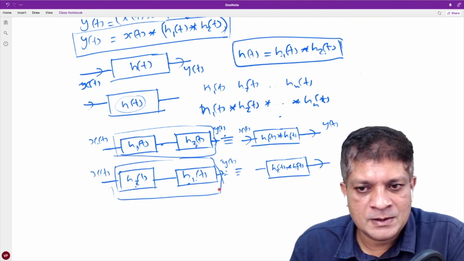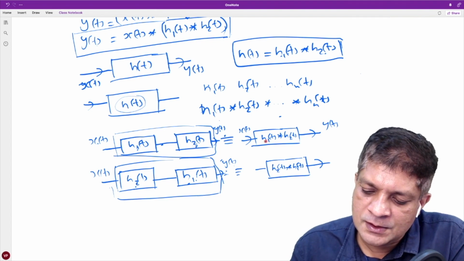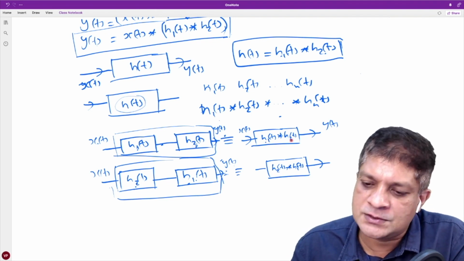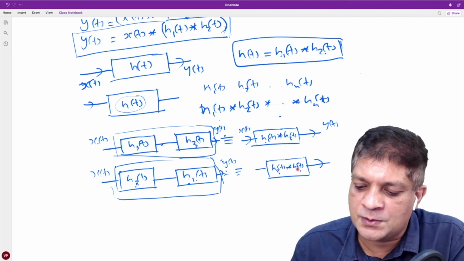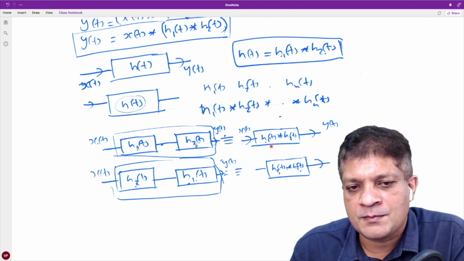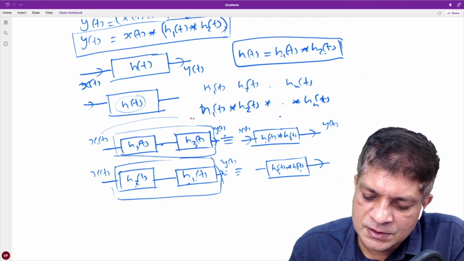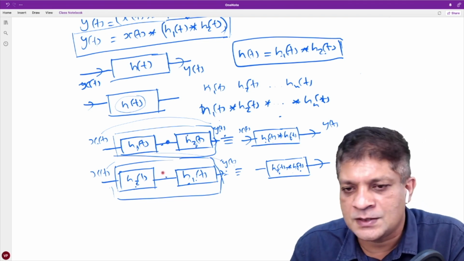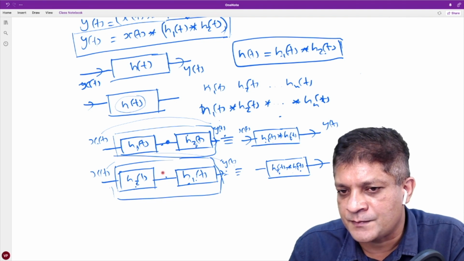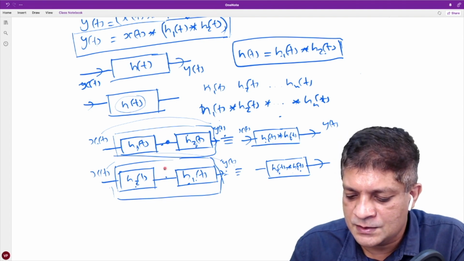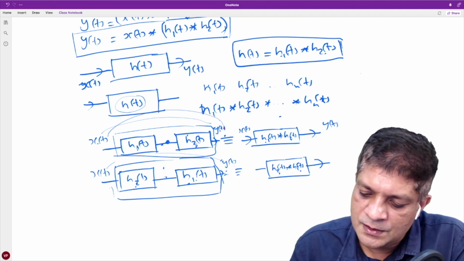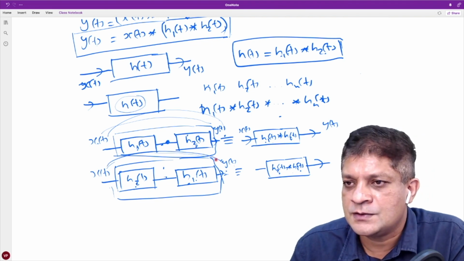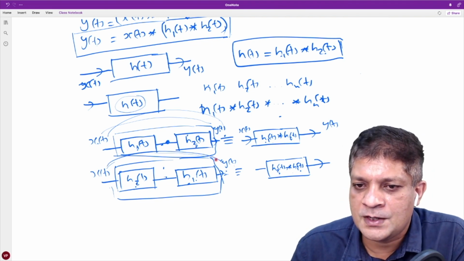Yes, sir. They will give the same result because the equivalent system is h1(t) convolved with h2(t) and h2(t) convolved with h1(t). They are the same. So with respect to this input and output, they are the same. But remember, the intermediate signal is different in both cases. These two are different, but the final output is the same.